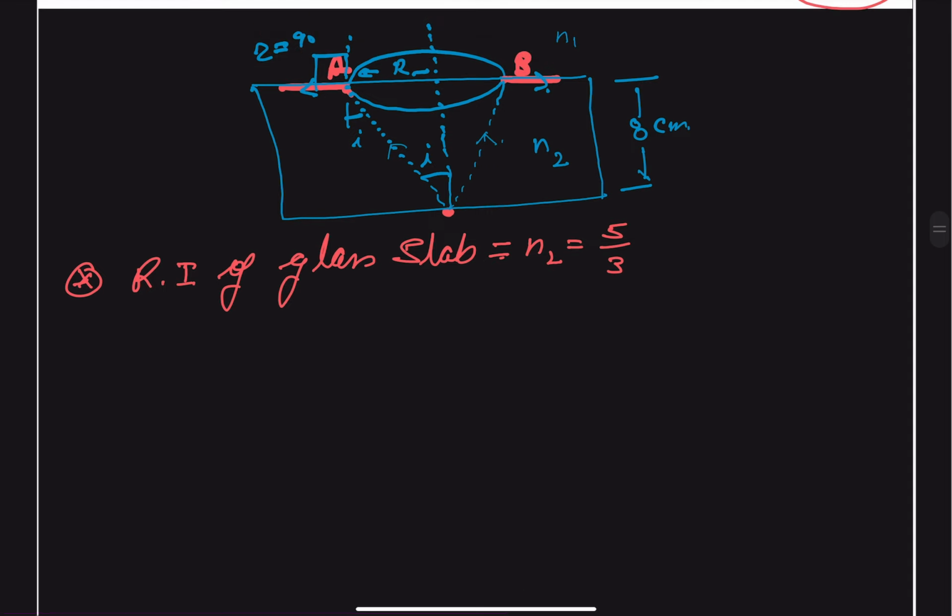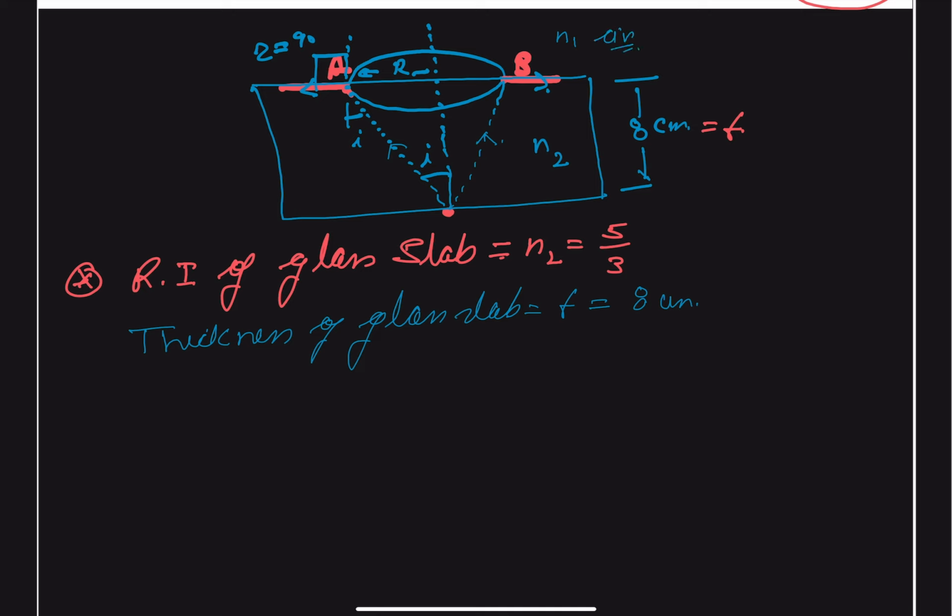Let us suppose we call this T. The thickness of the glass slab is our T, and T is 8 centimeter, and the outside is air.